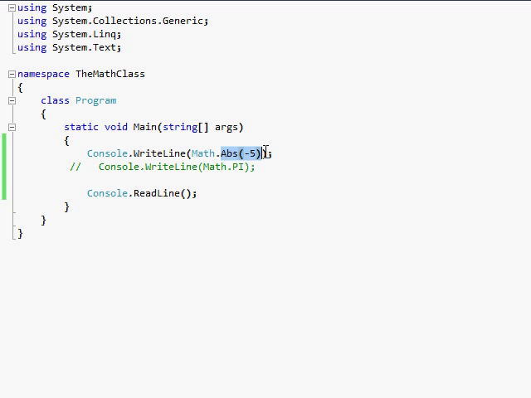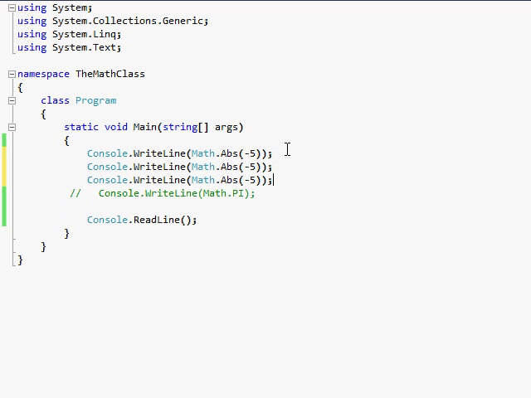Math.Ceiling, Math.Floor, and Math.Round. I need to show all these at the same time. Get rid of that. Math.Ceiling. I think I spelled it wrong. I did. Math.Floor and Math.Round.